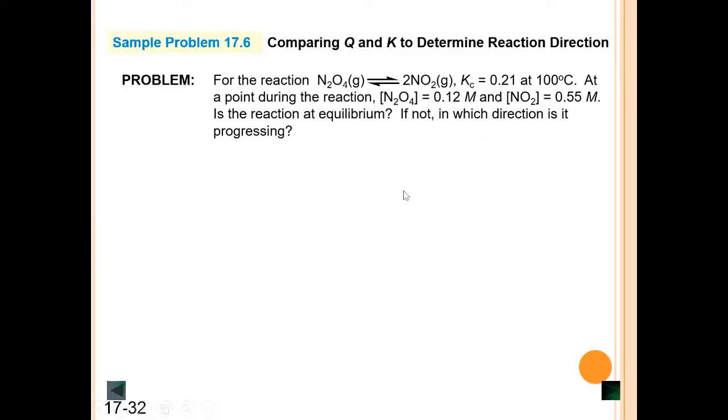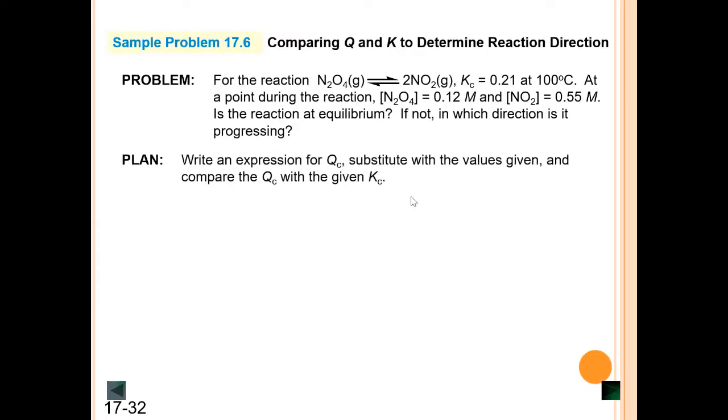Okay, so how to solve this problem? Firstly, we have to calculate the Qc, because only from the Qc value can we know whether the system is at equilibrium or not.